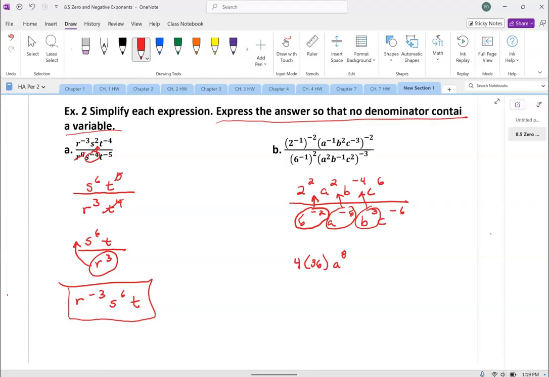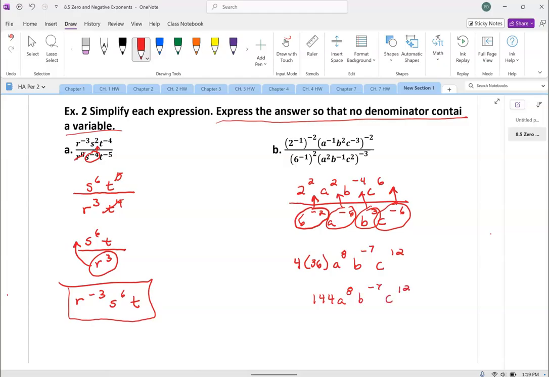But to move it, I got to change its sign. So instead of being b to the 3rd, it's now going to become b to the negative 3, and I already have negative 4 up there, so it's b to the negative 7. These are coming up, so the sign changes. I get c to the 12th. All I have to do is multiply. 4 times 36 is 144. So we get 144 a to the 8th, b to the negative 7th, c to the 12th.